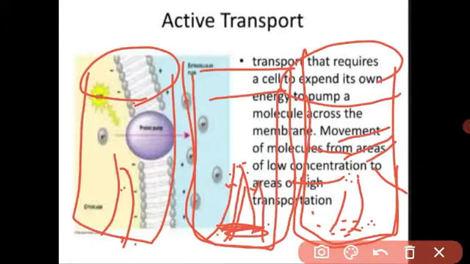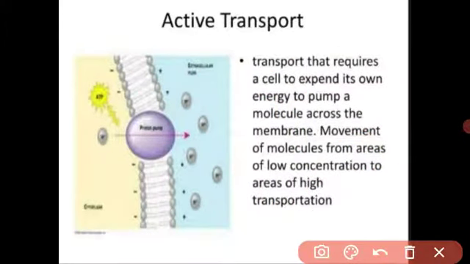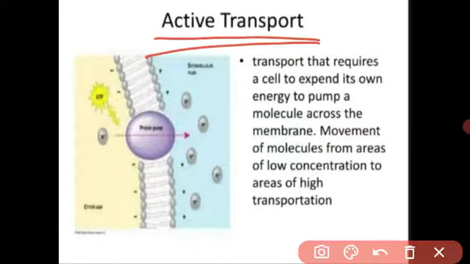Next important phenomenon of absorption of root is active transport. Active transport is different; it is opposite to diffusion and osmosis. What did we see in diffusion and osmosis, beta? The movement is from the higher concentration to the lower concentration.